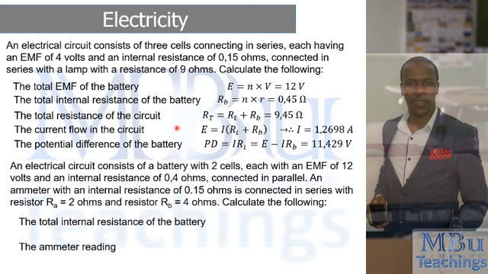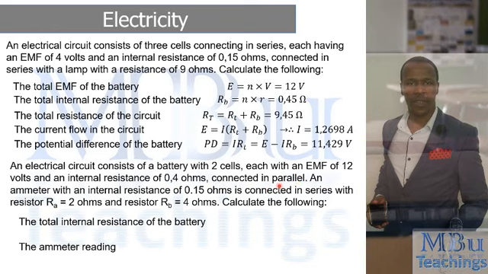It says an electrical circuit consists of a battery with 2 cells, each with an EMF of 12 volts and an internal resistance of 0.4 ohms, connected in parallel. What's connected in parallel? It's the cells. They are connected in parallel. Okay, let's move on. An ammeter with an internal resistance of 0.15 ohms.